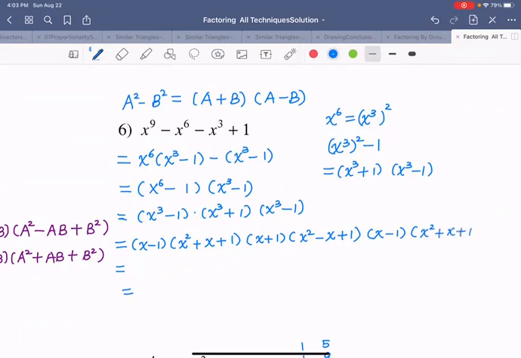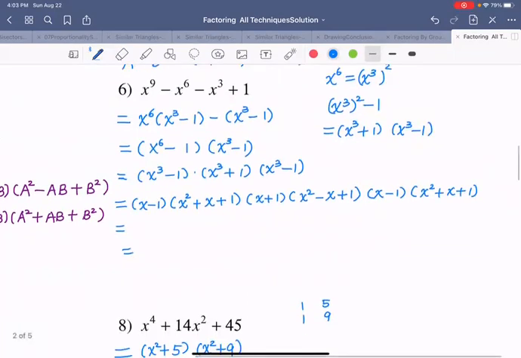There you go. And we do one more step. We have x minus 1 squared, right? We have x squared plus x plus 1 parentheses squared, right? And then we copy down x plus 1 times x squared minus x plus 1.